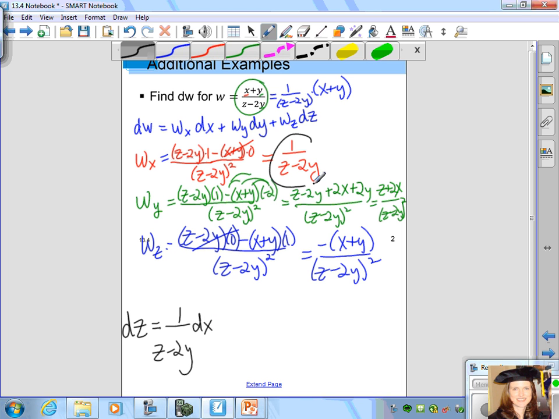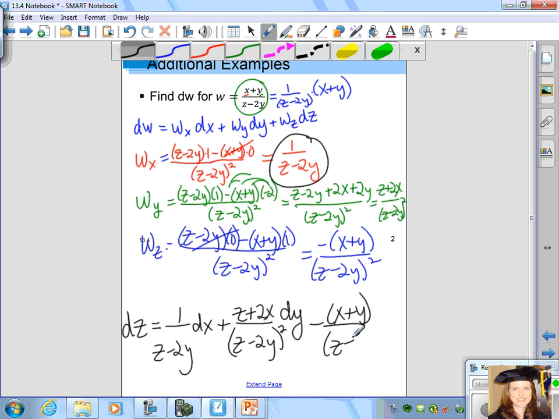Okay, I just took that partial with respect to x, plus z plus 2x over z minus 2y quantity squared dy, plus or minus, we can write minus here, x plus y over z minus 2y quantity squared dz. That's your total differential dw.